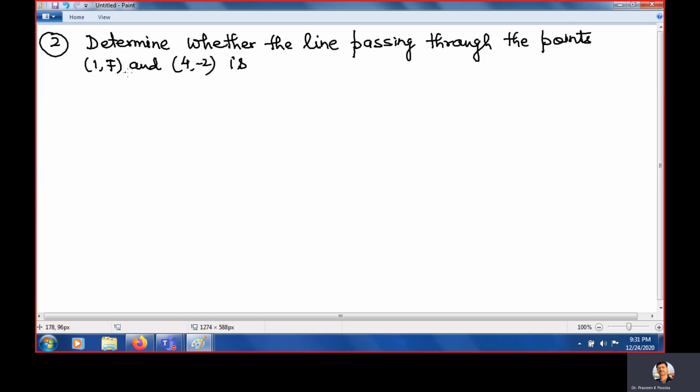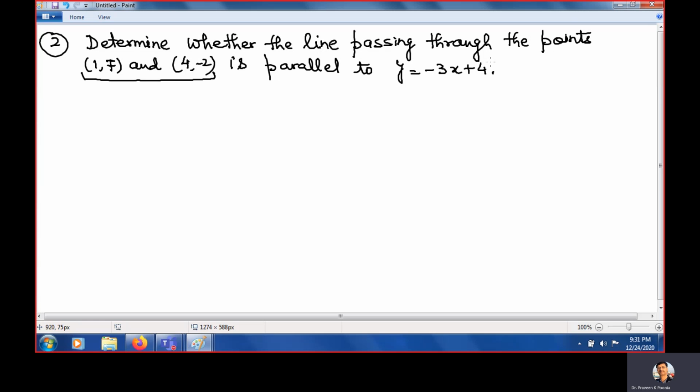Meaning there is one line passing through these 2 points, is it parallel to y is equal to -3x plus 4?